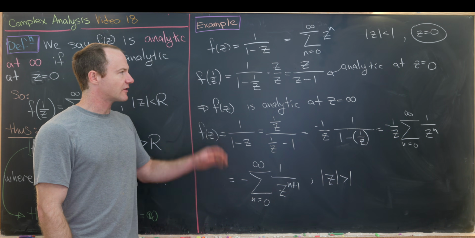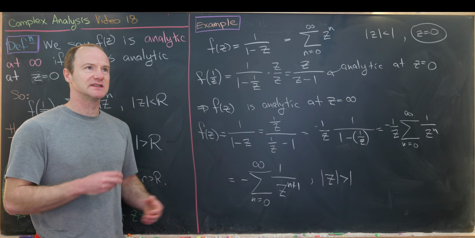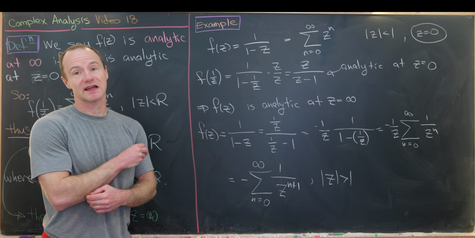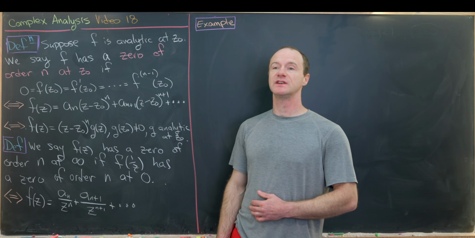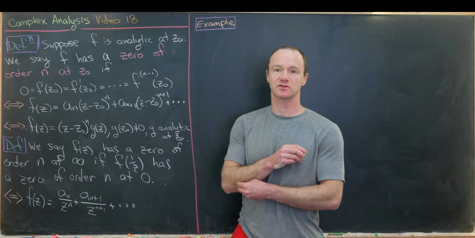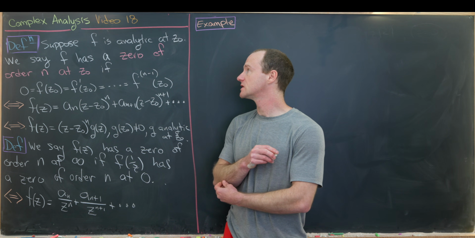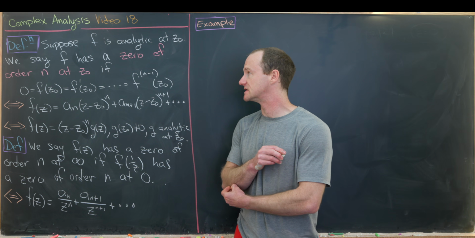Okay, so now that we've got this example, let's move on to the second topic of this video, which, like I said, is zeros of analytic functions. So we've got two definitions related to zeros of analytic functions to start with. Let's suppose that f is analytic at z naught.